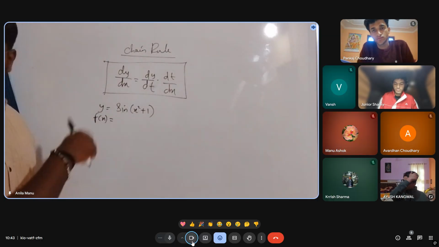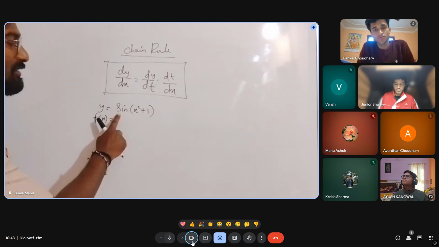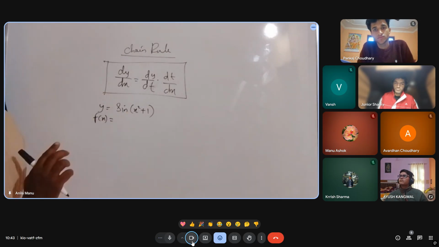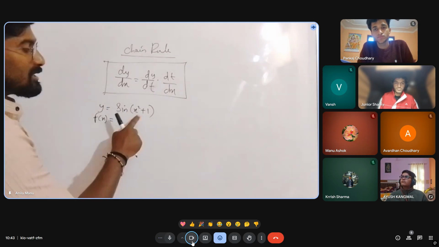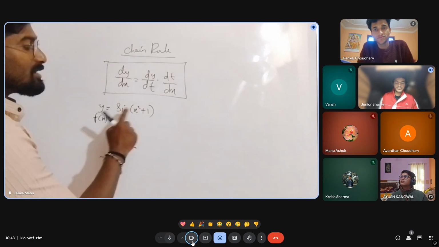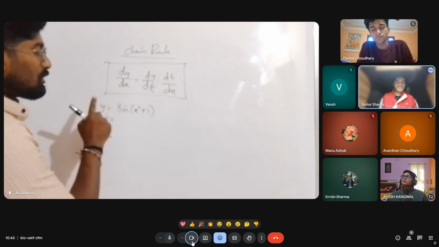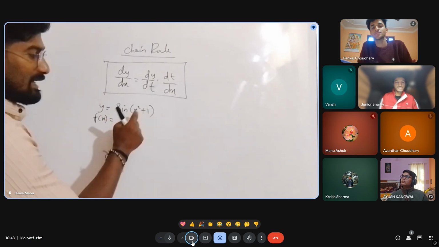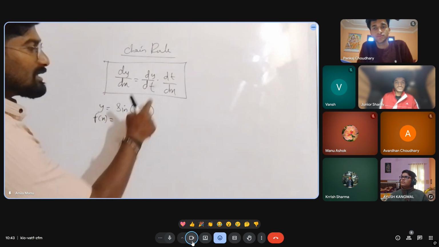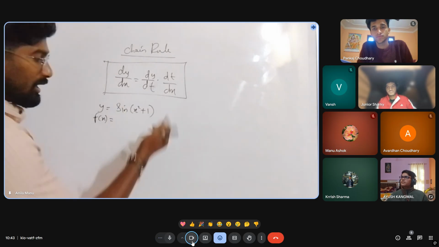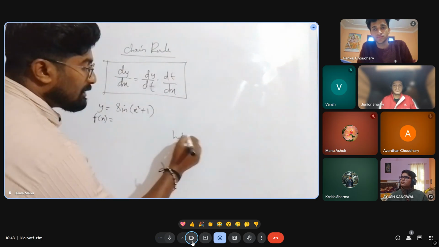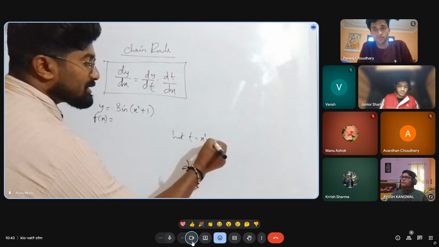Both are the same. So we can write the given function as sin of x square plus 1. Now consider both the functions: a trigonometric function is here, an algebraic function is here. Both are incomplete functions. So what we have to do is take the last part as the t variable. So I'm writing, let t is equal to x square plus 1.